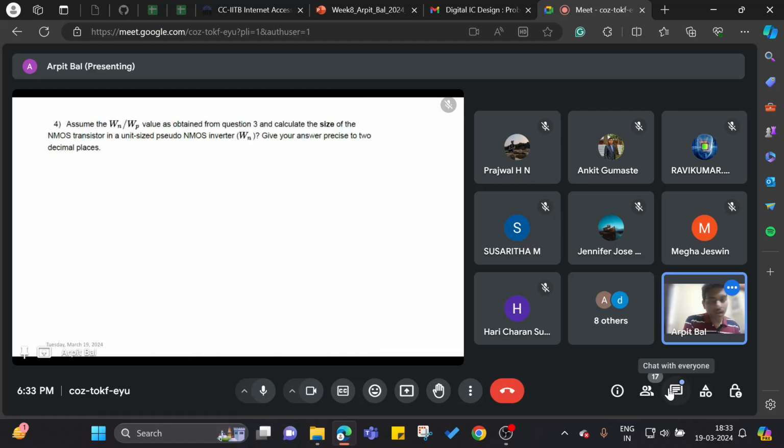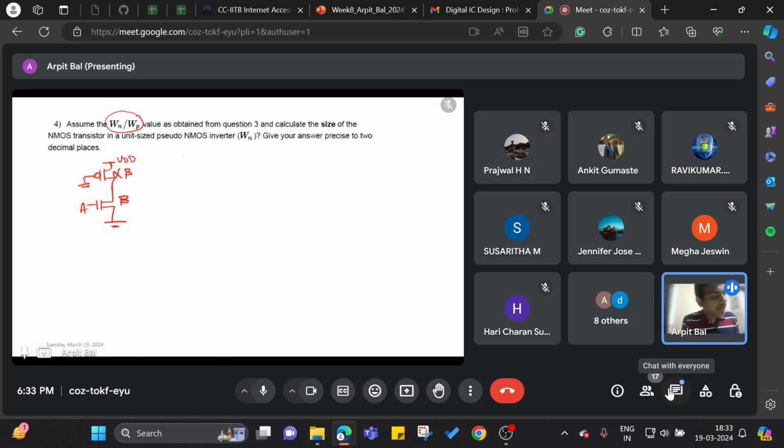Wn by Wp is already derived, so I would like you guys to try this question out. I'll tell you the dimensions. We'll use the same notation that was used during the lectures. Let's say NMOS is beta and PMOS is alpha beta.